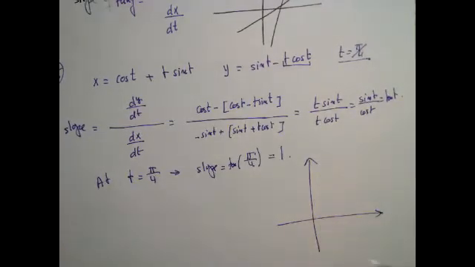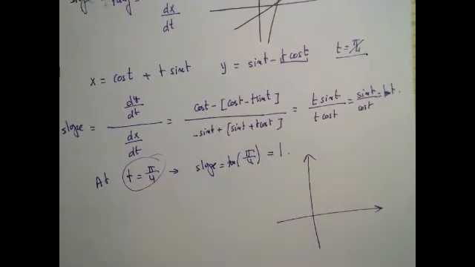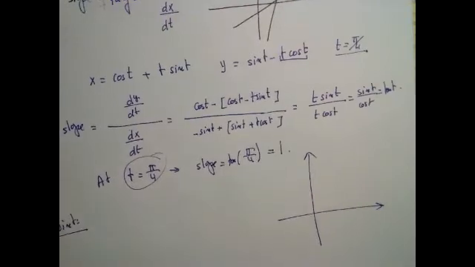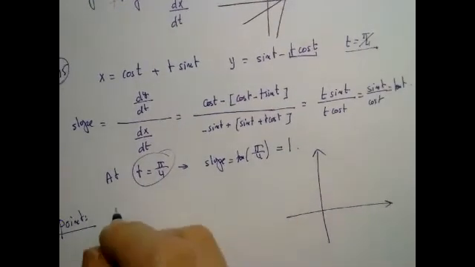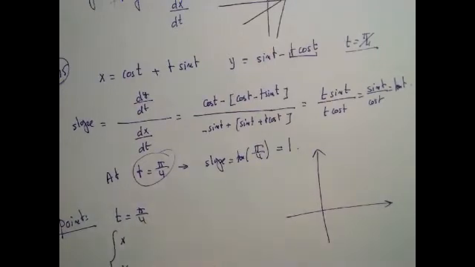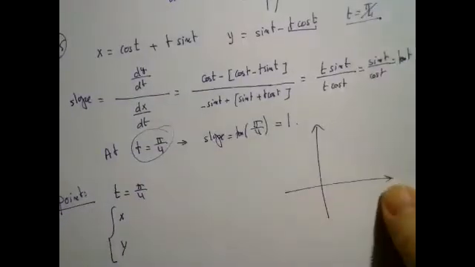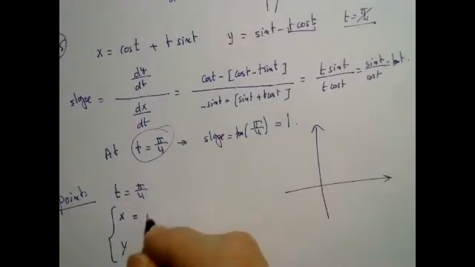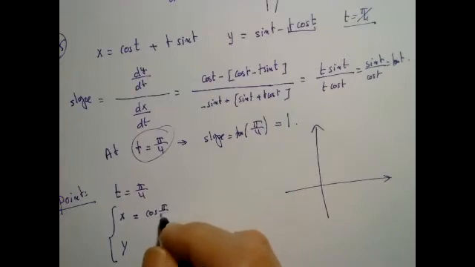But now the question is, at this given time, where is the point? So now I'm going to find the point. For t equals pi over 4, I need the x component and the y component. So the x component is cosine pi over 4.